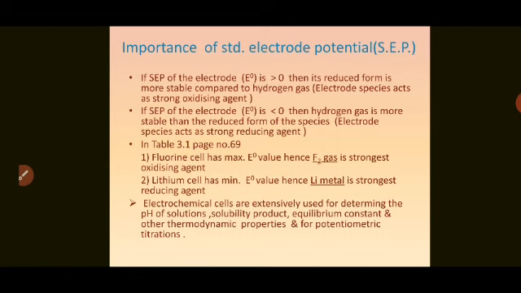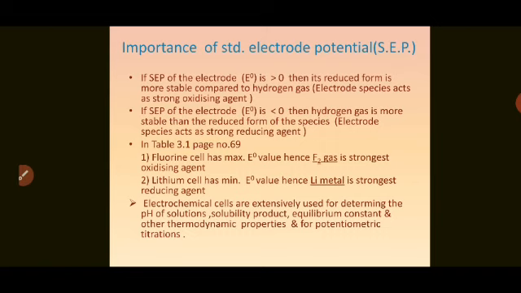That we have already learnt in PUC first year. If the SRP of the electrode, that is the E naught value, is less than 0, that is minus, then hydrogen gas is more stable than the reduced form of the species. That is, that electrode species acts as a strong reducing agent.